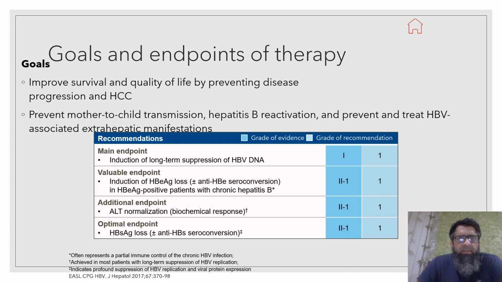You should remember this: the main endpoint is long-term suppression of hepatitis B virus DNA, of course. Hepatitis B e antigen loss or seroconversion is an additional valuable endpoint. Additional endpoint is ALT normalization, and optimal is hepatitis B surface antigen loss.